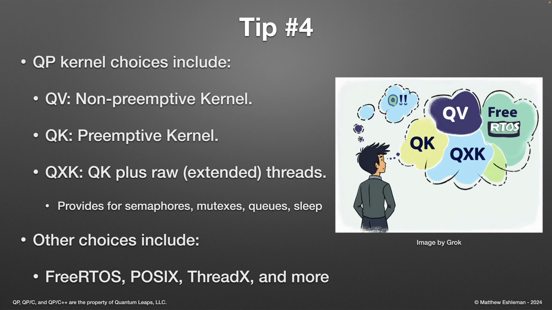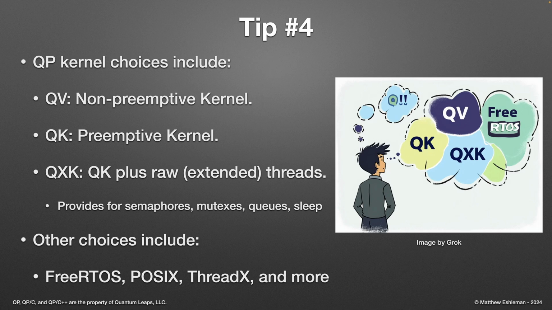Then we have QXK. QXK is the same as QK. So when you're in an active object context, it looks exactly the same as QK. But we've added these raw extended threads. And when you create an extended thread, that's not an active object. It's more of a traditional real-time operating system thread.